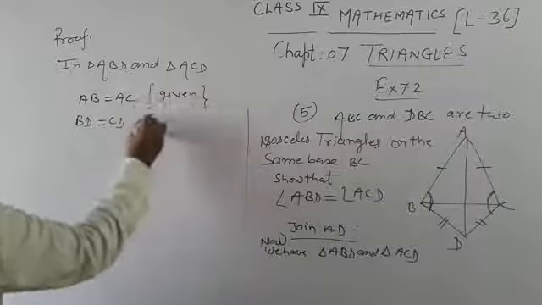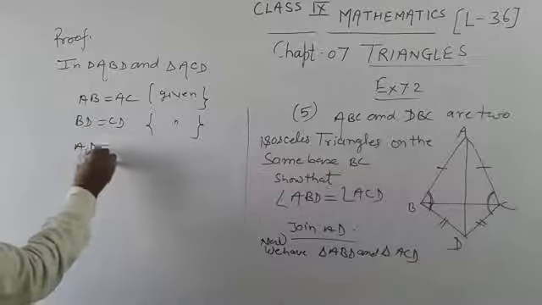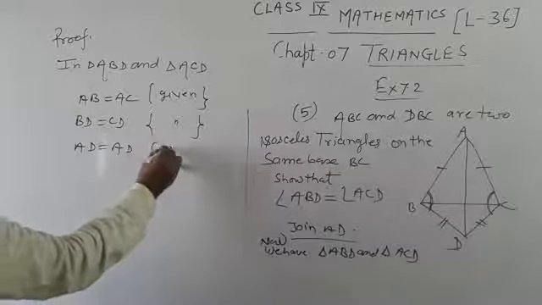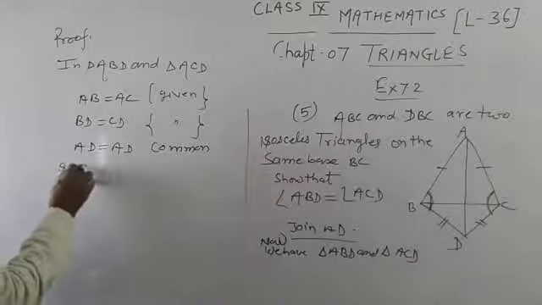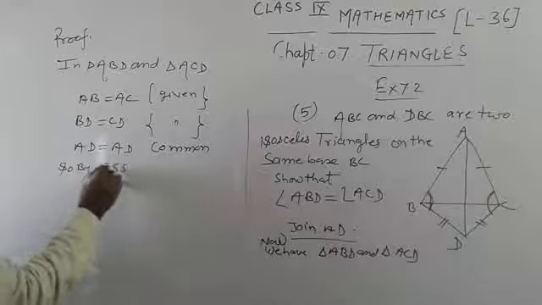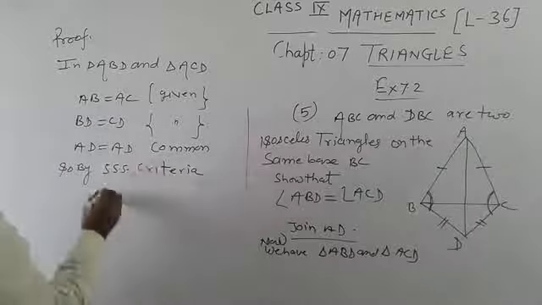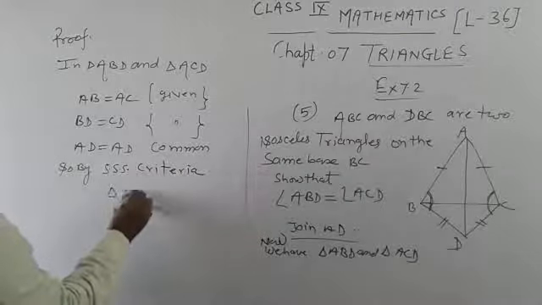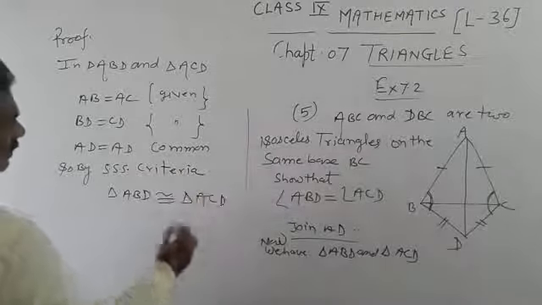Okay students, and the last one is AD is equal to AD, this is the common side. So by SSS, triple S criteria, triangle ABD is congruent to triangle ACD.